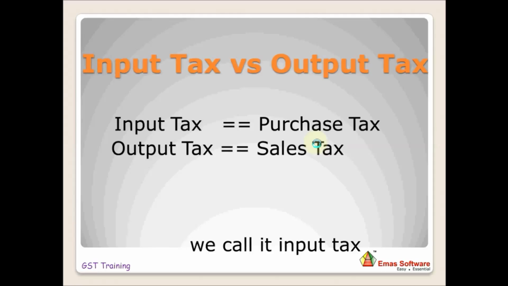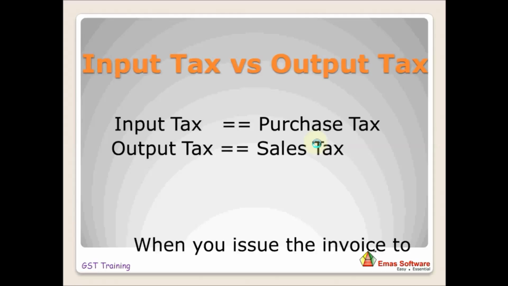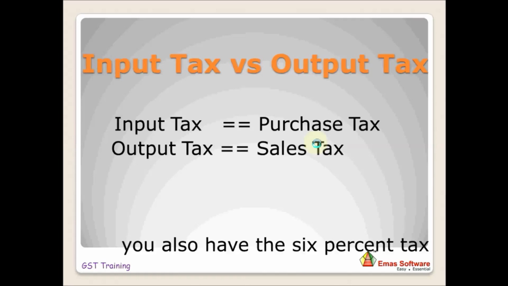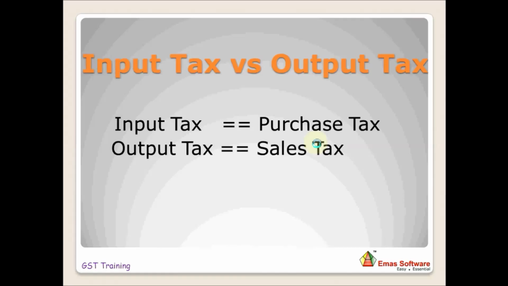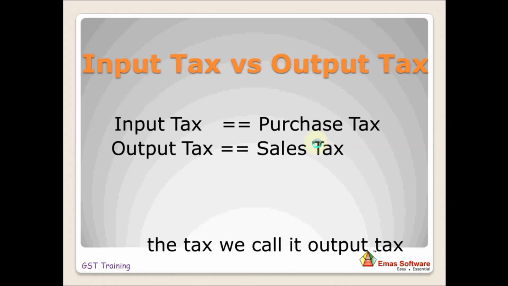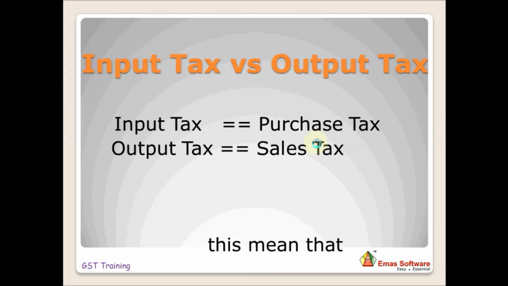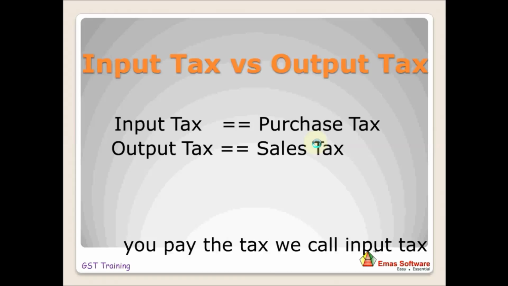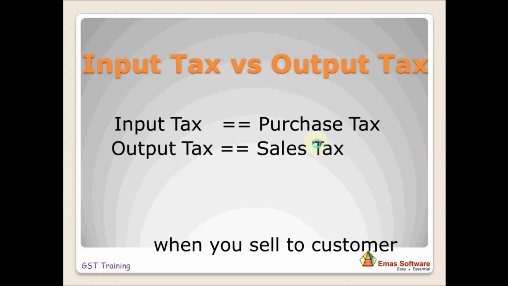We call it input tax. When you issue the invoice to your customer, you also have the 6% tax. We call it output tax. This means that when you purchase, you pay the tax, we call input tax. When you sell to a customer, the tax on the invoice we call output tax.